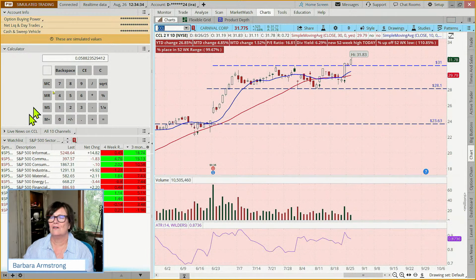So if I could make, say, $2.20 on a $31 investment, well, what is it? 31.80. That's a 7% return. That's not too shabby, right?